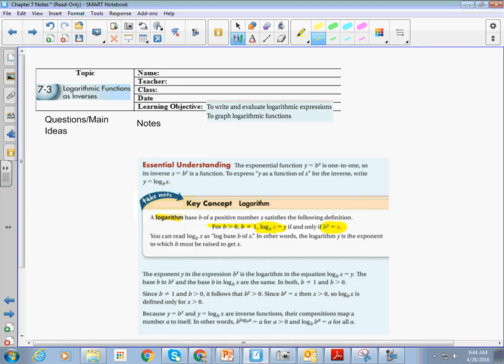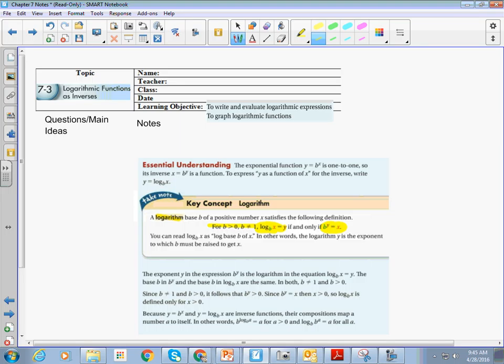Log sub b, so that means base b, log base b of x equals y. B to the y equals x. Log base b of x is how we read that term.